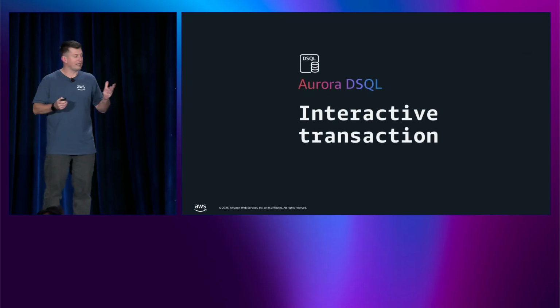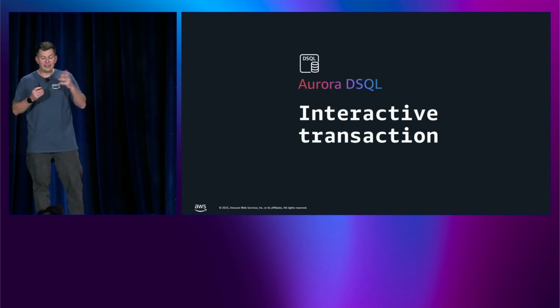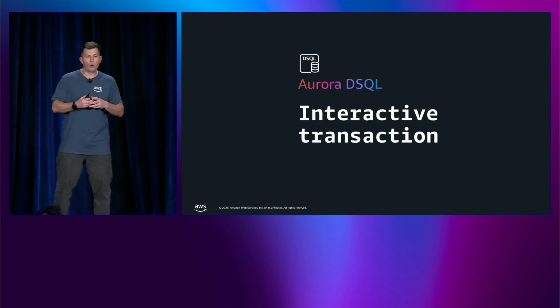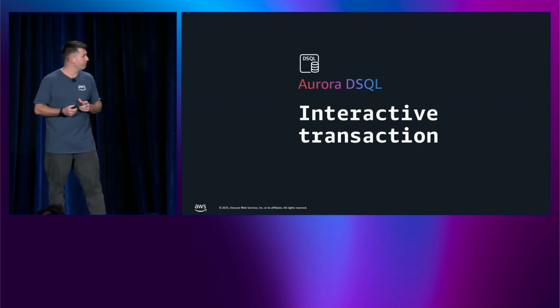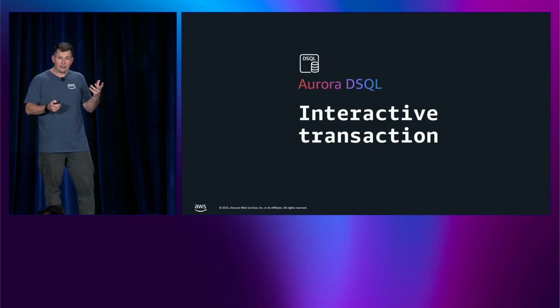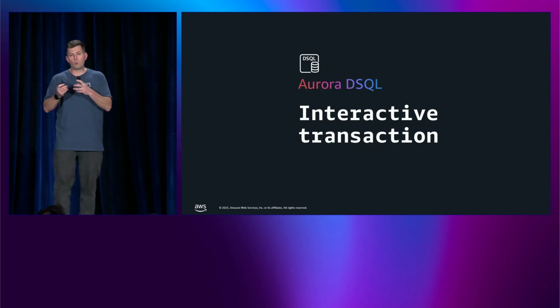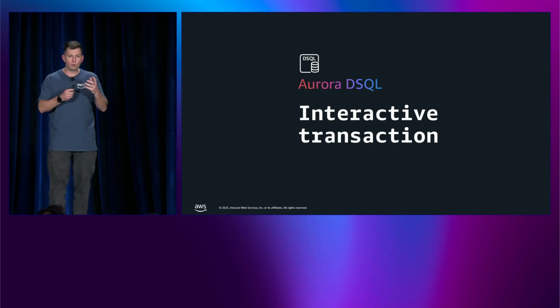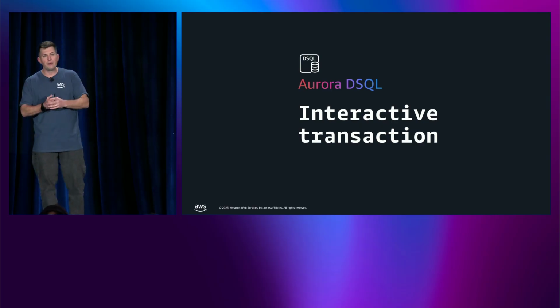So what's happening next? At this point, if you continue to interact with the front end, you're building an interactive transaction. You start the transaction, you do some work with the database, you do some work with the client, you maybe go back and forth multiple times, and eventually you commit.